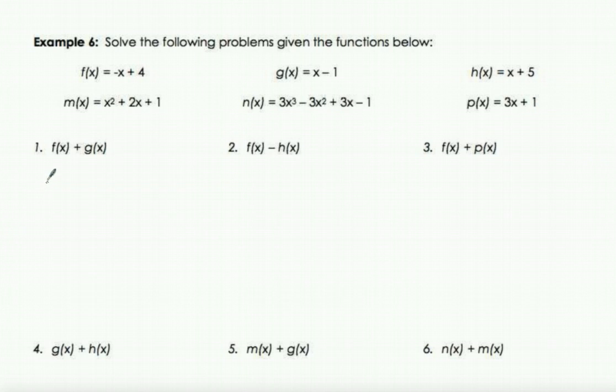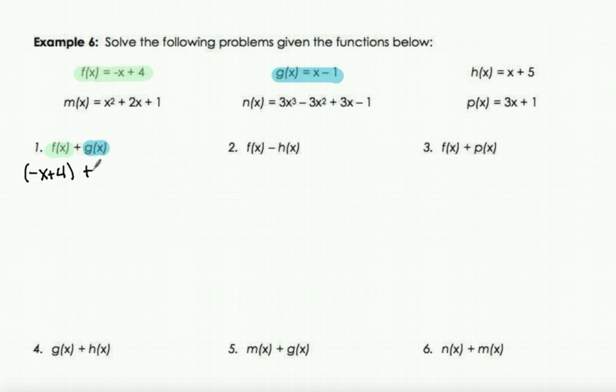So in number 1, it asks us for f of x plus g of x. My f of x is negative x plus 4, and my g of x is x minus 1. So what I'm going to do is replace f of x with what f of x is equal to, which in this case is negative x plus 4.